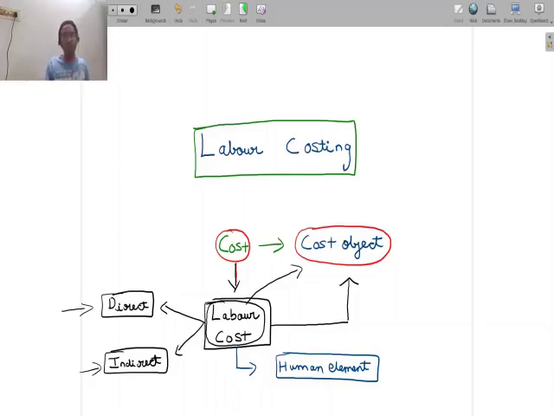To give you a simple example, let's say there are workers and I'm looking at making a compensation payment to them. This compensation payment, I would say, has a psychological impact on the workers.